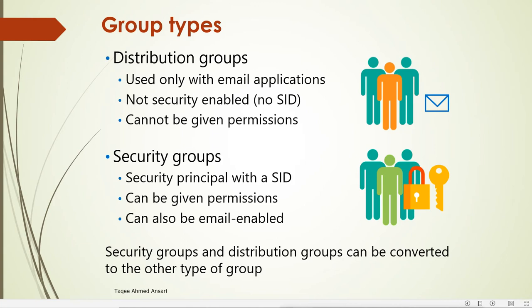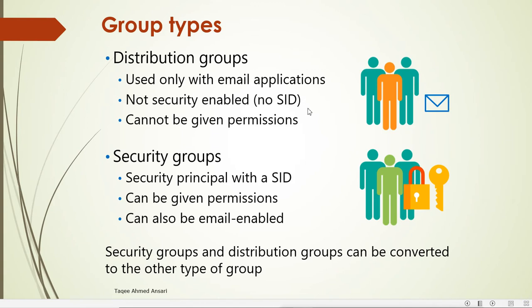So we create the user accounts, put them in a group, and name that group accordingly, and then we provide these different security or distribution settings. If I want to distribute something to multiple users, say 50 users, instead of sending it individually, I create a group, make those users members of the group, and send it to the group, and all the users will get it.